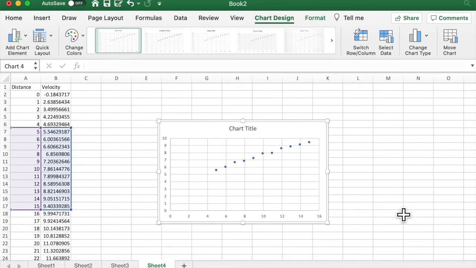So I've already made this graph using what would possibly be a good amount of data. So I have 11 data points on this graph. It looks linear. But a lot of times in physics, just having 11 data points, or even having 100 data points, isn't going to get you as much information as you really need.